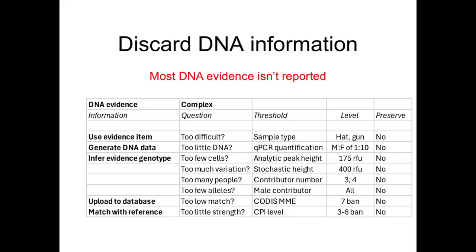There's not enough DNA in it. The peak heights aren't tall enough. There's too much variation in the data with stochastic thresholds. Oh, there are more than 3 or 4 contributors. Let's not look at it. Or in the end, you get all the way to the end and the lab says there's a reporting threshold. It's only 100,000. We're not reporting it. So information is lost at every step.